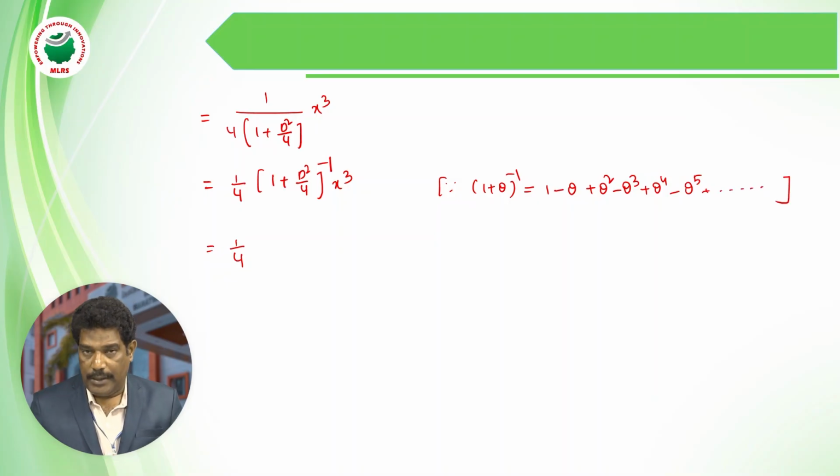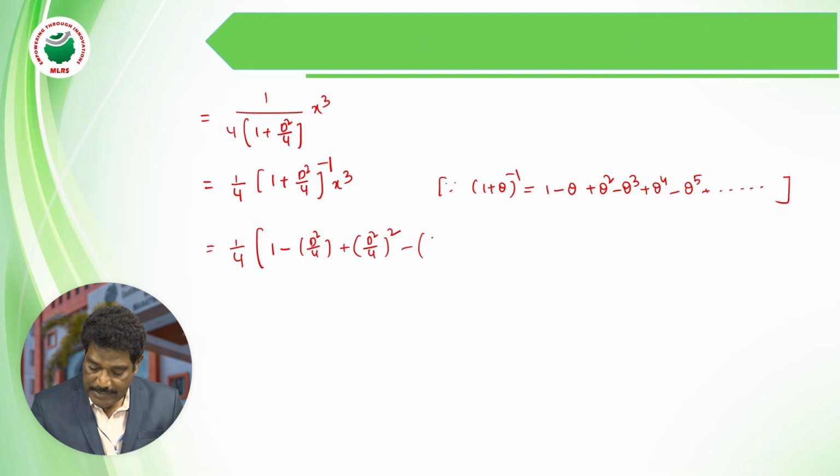This is the negative binomial expansion formula. Here, what is something? Compared to theta, it is D square by 4. So by using this expansion, I can write 1 minus D square by 4 plus D square by 4 whole square minus D square by 4 whole cube plus D square by 4 whole power 4, and keep on expanding, into x cube.